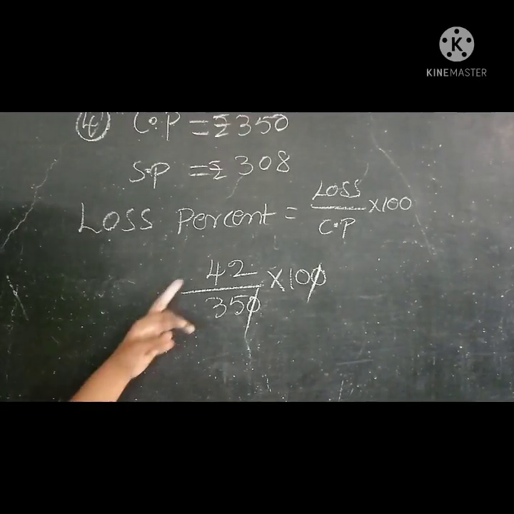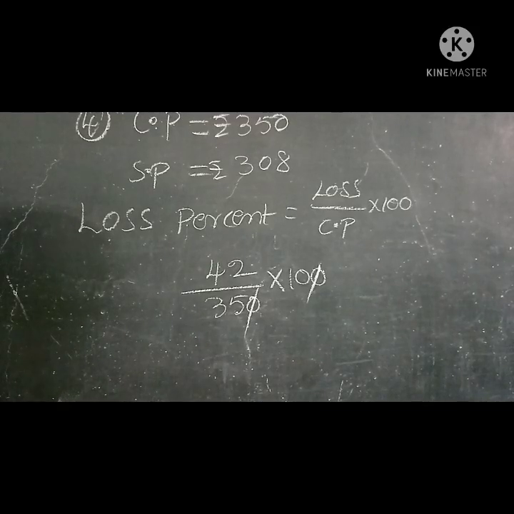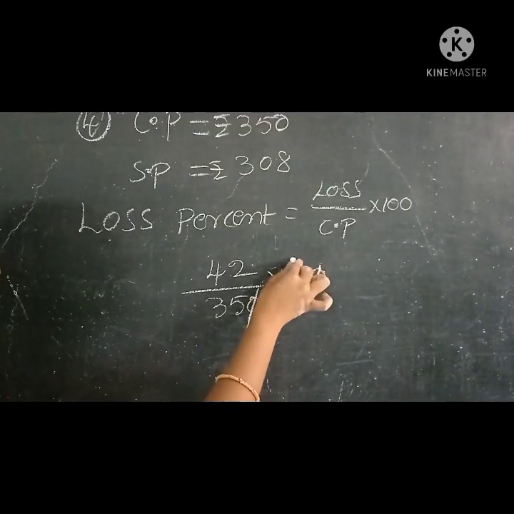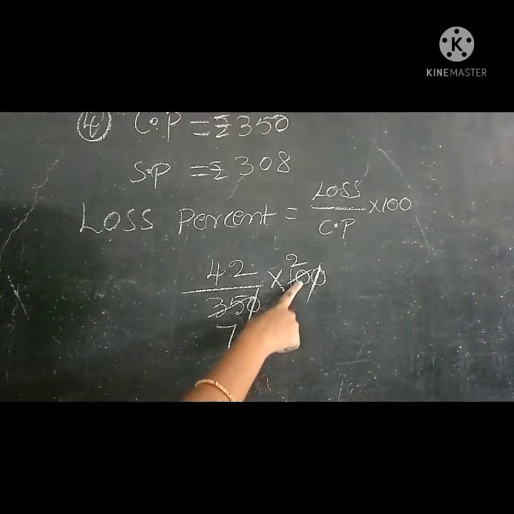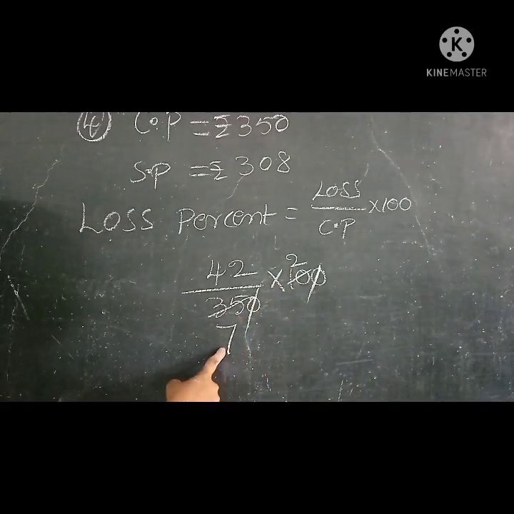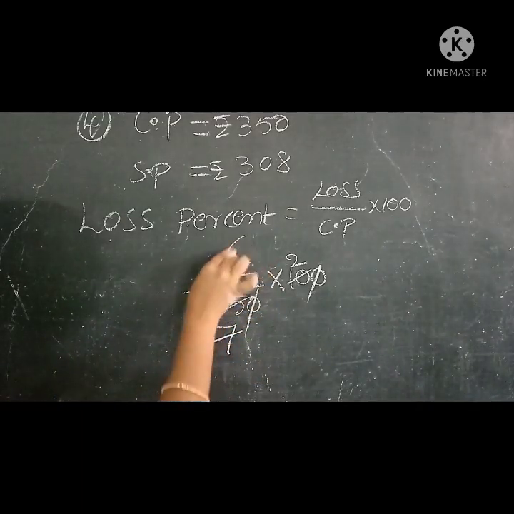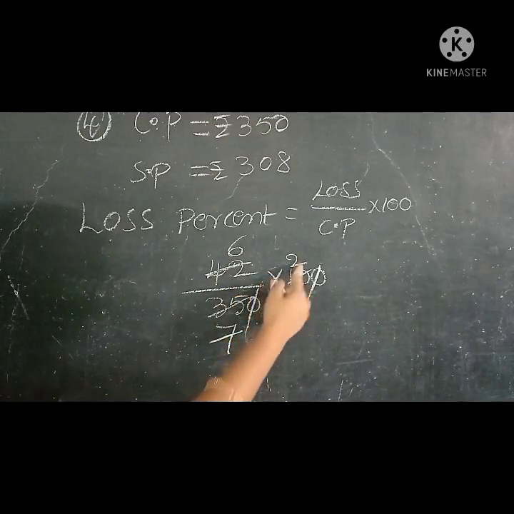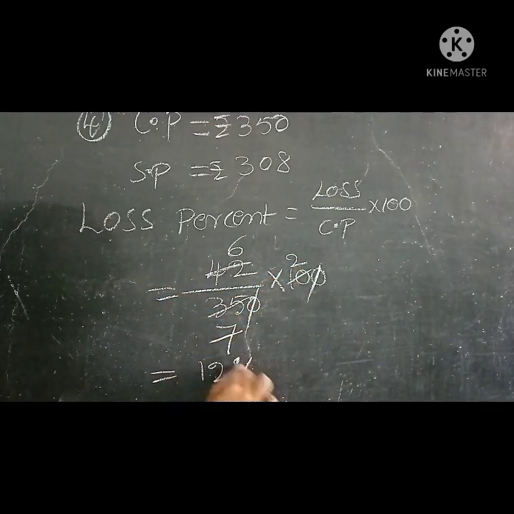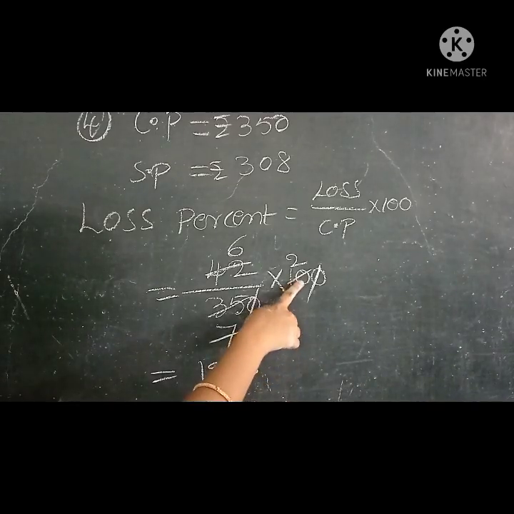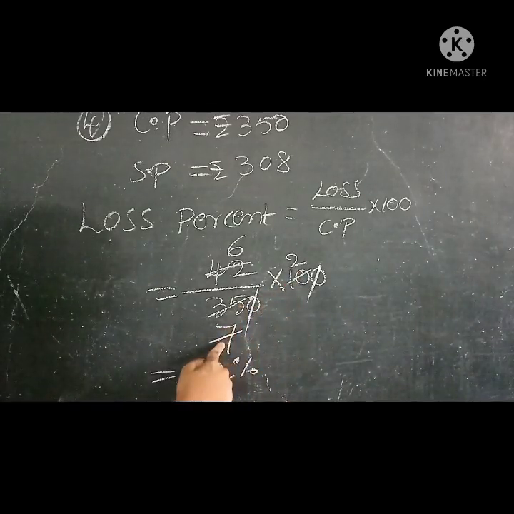In which table are 42 and 35 there? 5 2s are 10, Nana. 5 7s are 35.